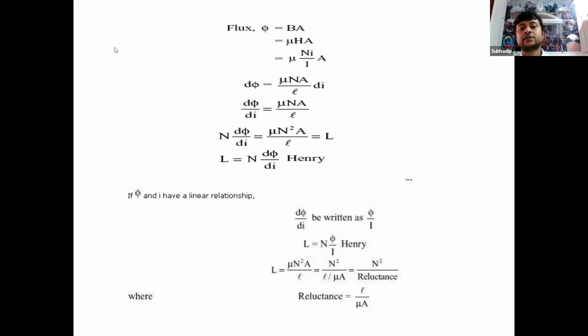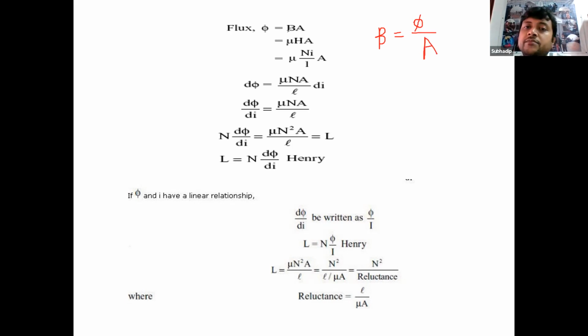Now some calculation is there. You see that we know that phi equals b into a. Okay, flux equals b into a, as you know that b equals phi by a.